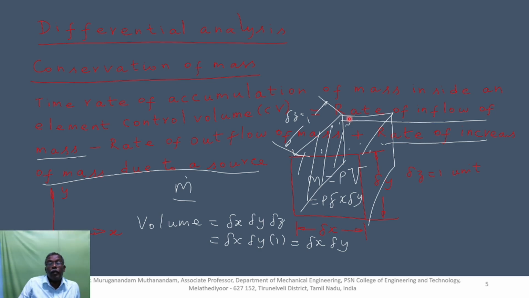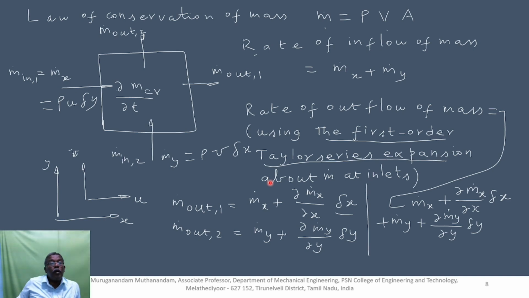So delta y is the area. What is the velocity along the x direction? U, lowercase u. What is the density of the fluid? Rho. Hence, it is the product of density rho multiplied by the component of velocity in the horizontal direction, lowercase u, times delta y, which is the area perpendicular to the flow in the x direction.